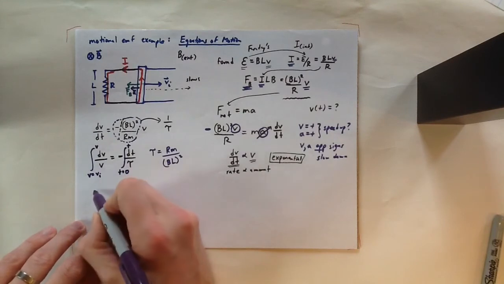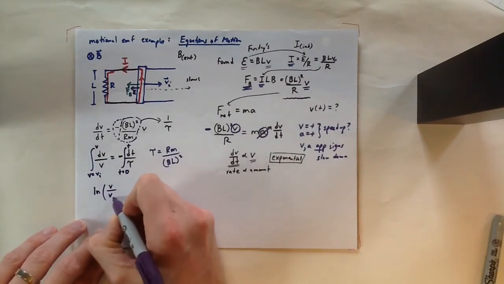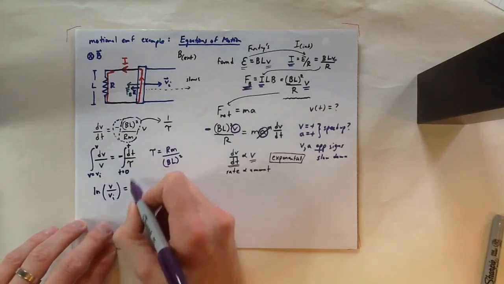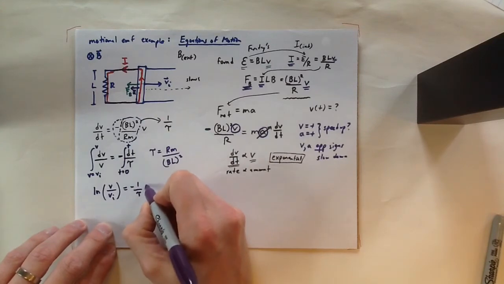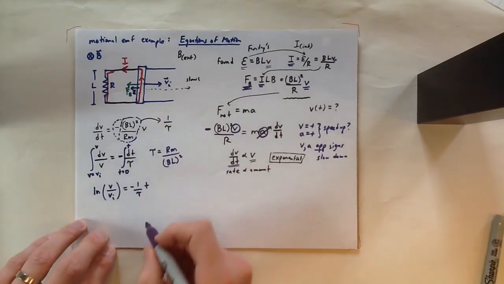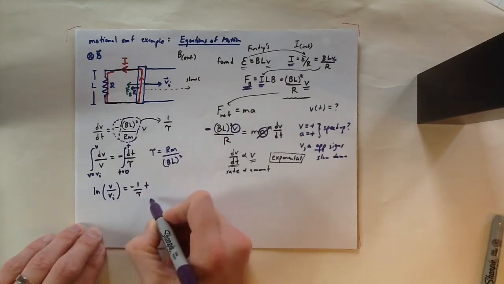So I integrate here, dv over v is natural log, and then of course I evaluate over the bounds, and over here, the integral of dt, well this is just a constant, so the integral of dt is t, evaluated from 0 to t is still t. So now we have our integration done.